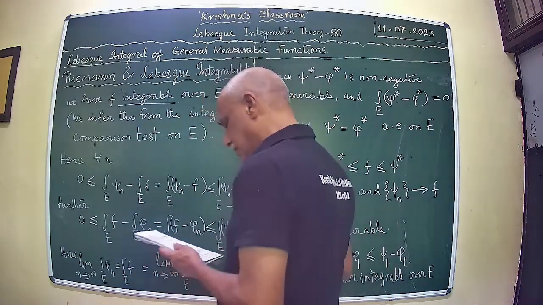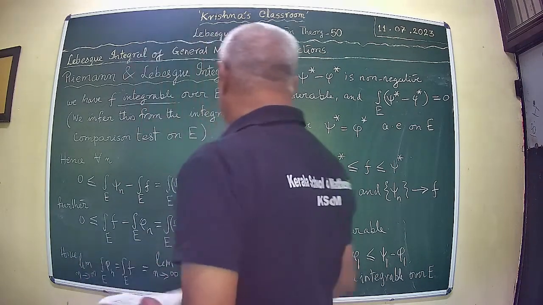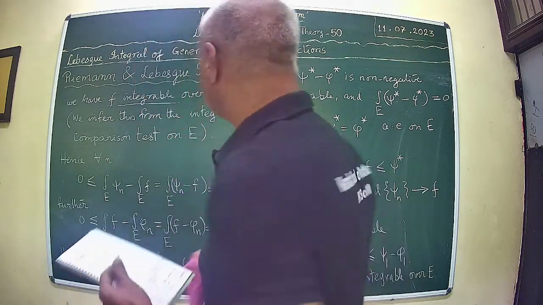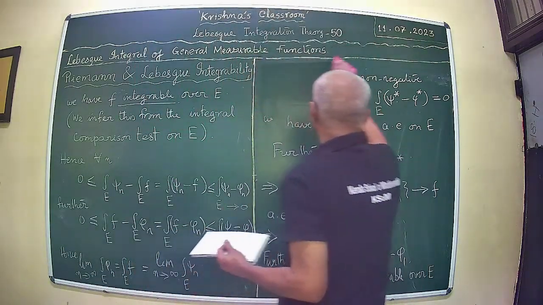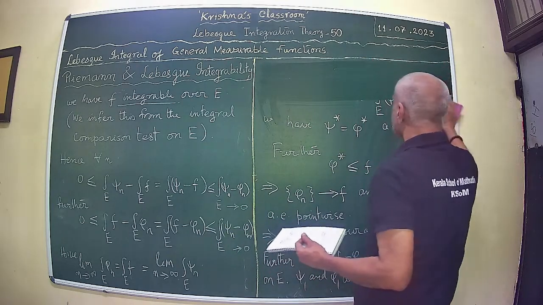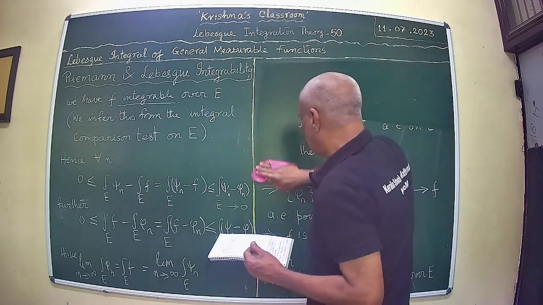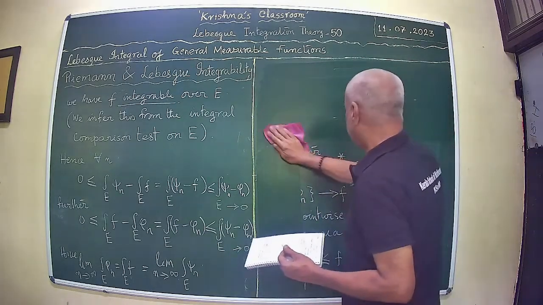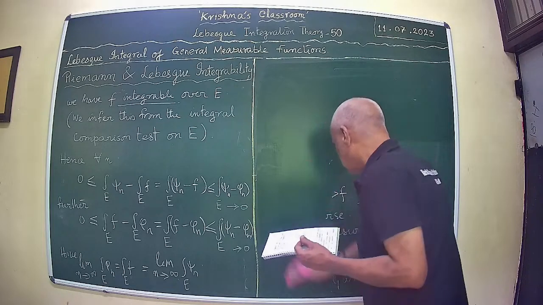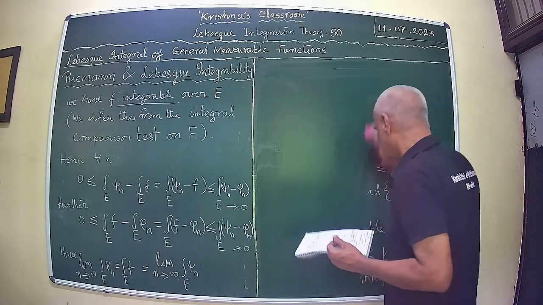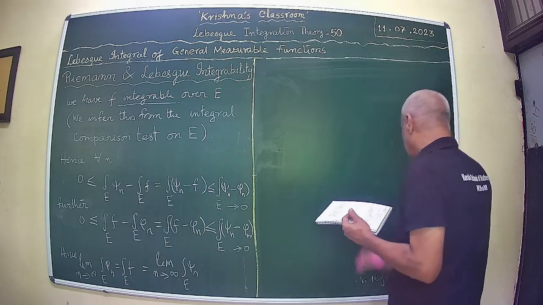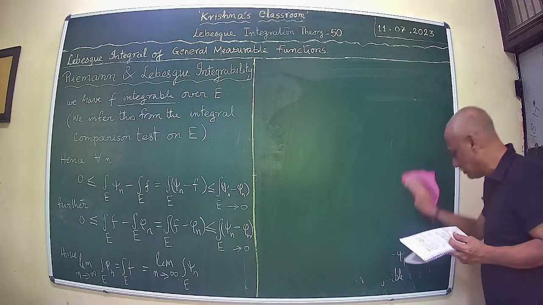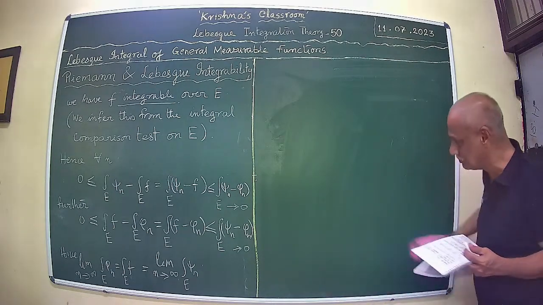Now, this is what we prove. This is a useful lemma which we are going to use. Now we link the integrability and the measurability, at least for a class of functions, because eventually our objective is to consider what are called Riemann integrable functions and work on them.